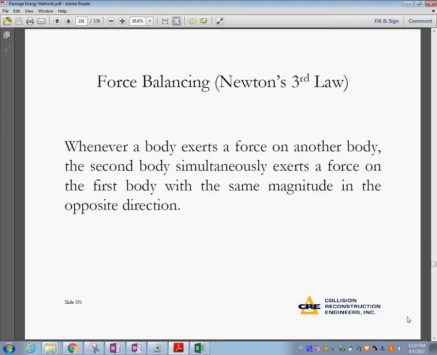Okay, let's talk about Newton's third law. It says that whenever a body exerts a force on another body, the second body will exert a force on the first, same magnitude but opposite direction.